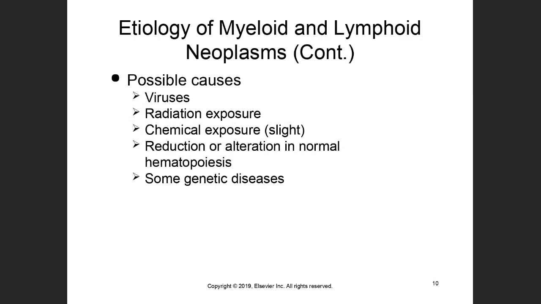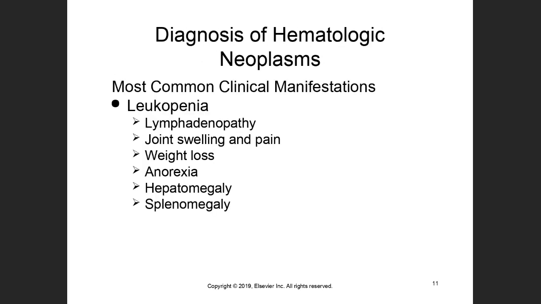There are different types of virus that produce lymphomas, like Epstein-Barr virus that produces Burkitt lymphoma. Burkitt lymphoma is a type of non-Hodgkin lymphoma. Okay. Radiation exposure, chemical exposure, some genetic disorders.